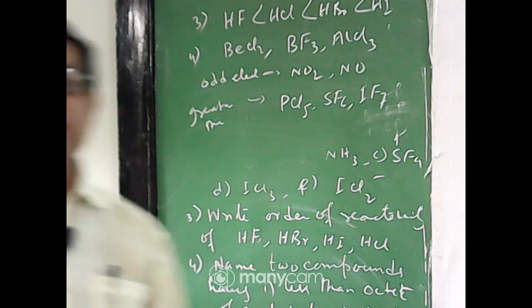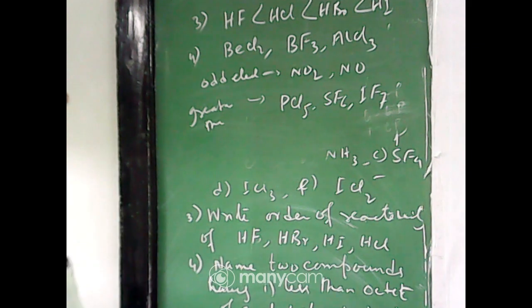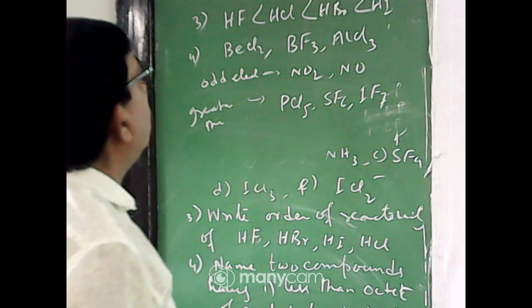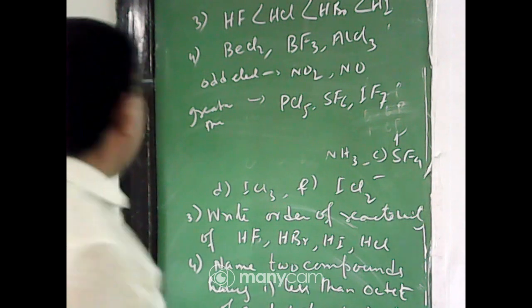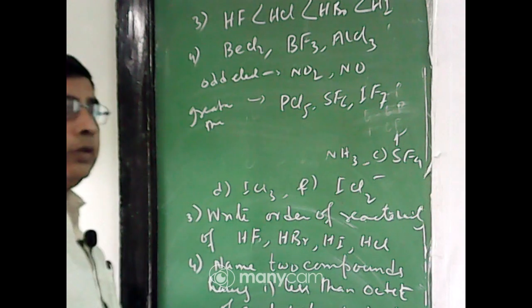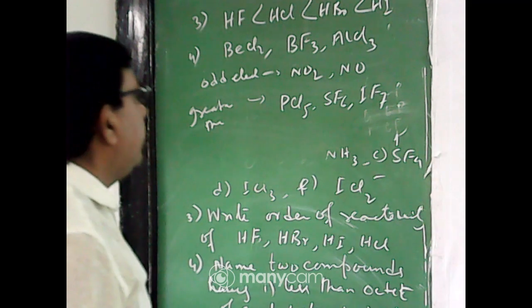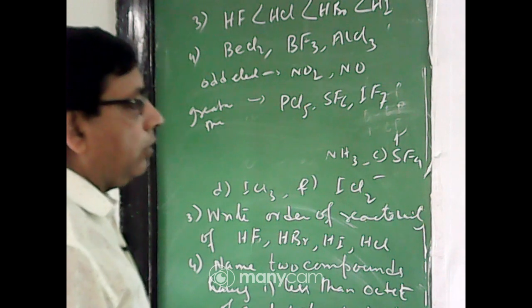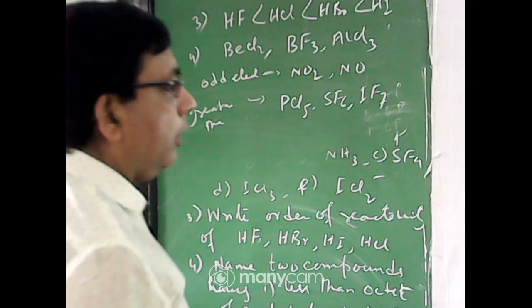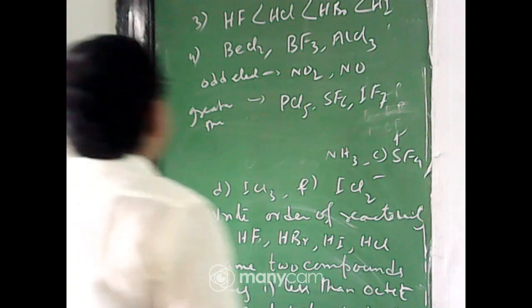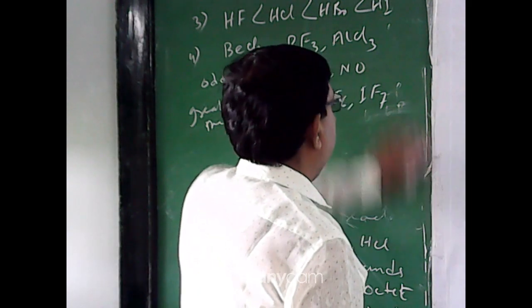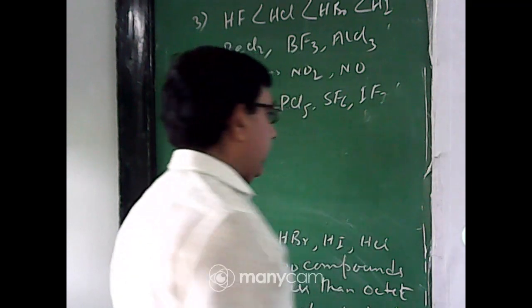So these are some compounds with greater than octet. So BCl3, BF3, BeCl2, AlCl3 are less than octet. NO2, NO have odd electron bonds, and PCl5, SF6, IF7 are greater than octet. BF2 is not possible, only BF3, because boron has 3 valence electrons.